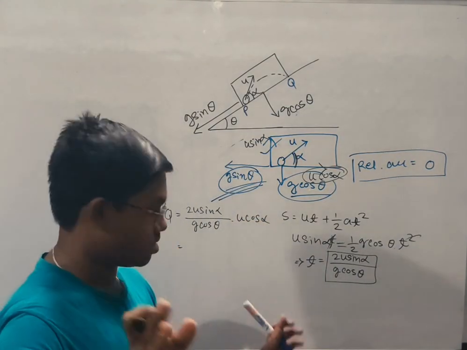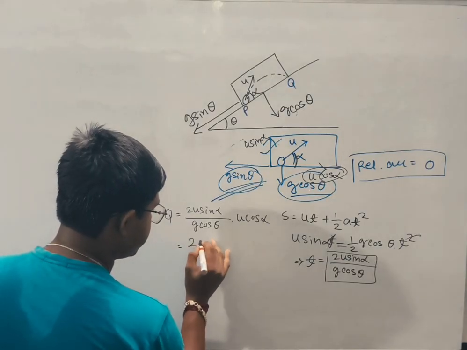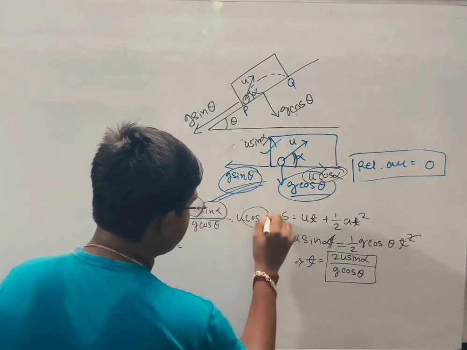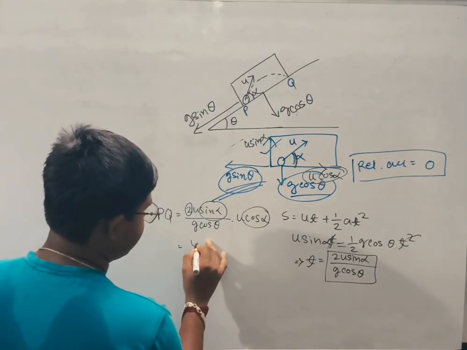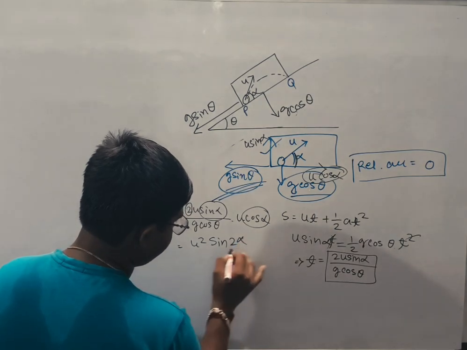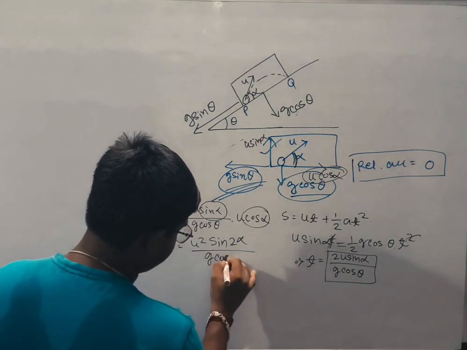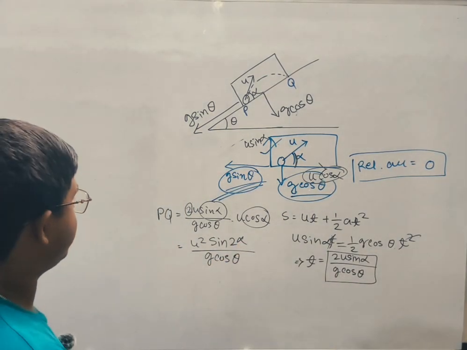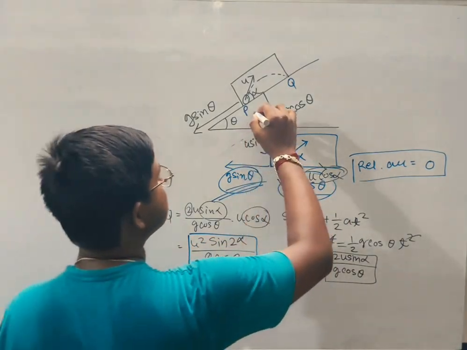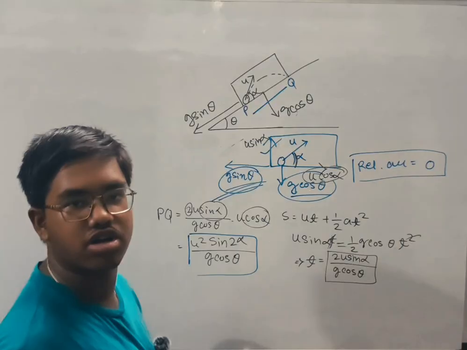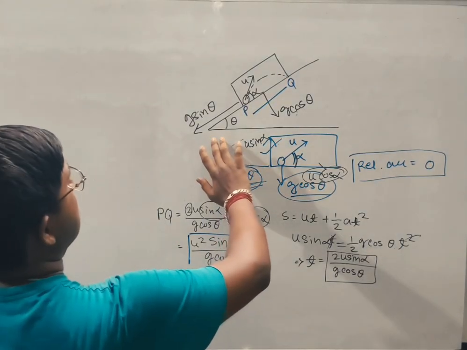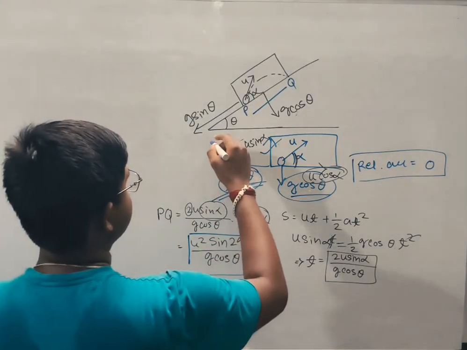We get the range as 2u square sin alpha cos alpha, which is u square sin 2 alpha by g cos theta. This is the range of the projectile, and also the distance PQ, and the length of the box. We have got it, and now we move to the relative velocity.